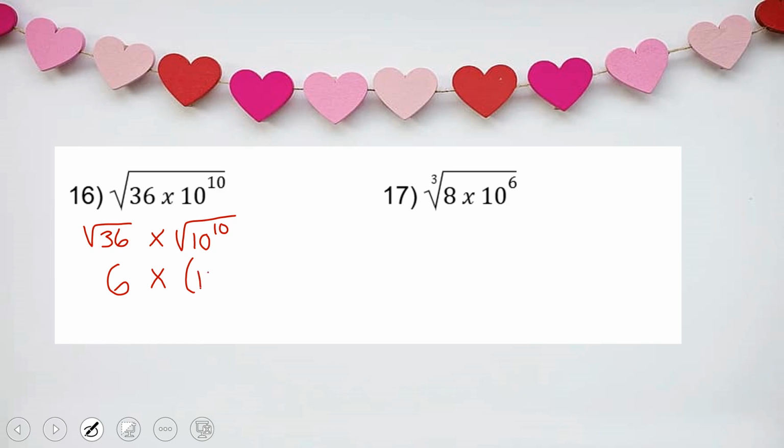You need to recognize that a square root is the same thing as a 1/2 power. So here, once again, you have the power to a power rule that says you multiply those exponents. So this would become 6 times 10 to the 5th. And again, no adjustments needed because that 6 is already in between 1 and 10. Same idea goes for a cube root.